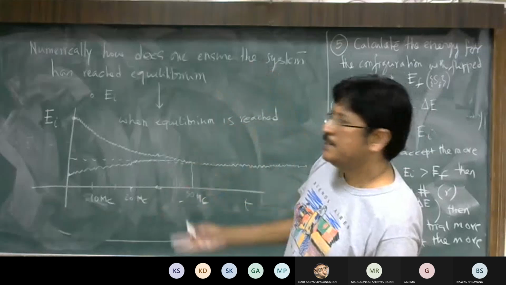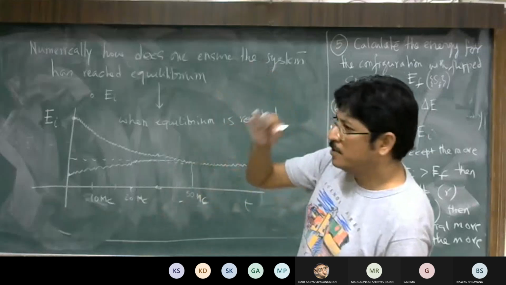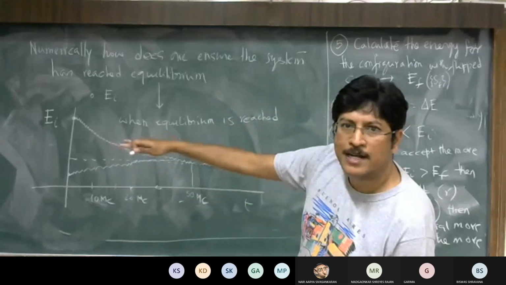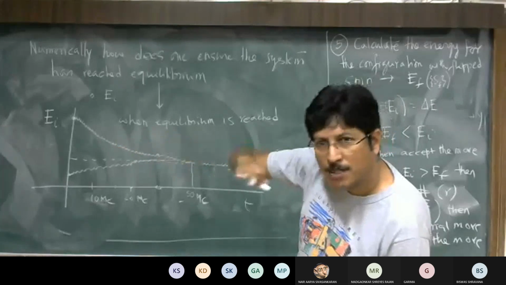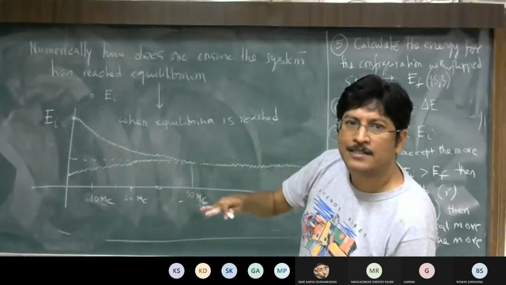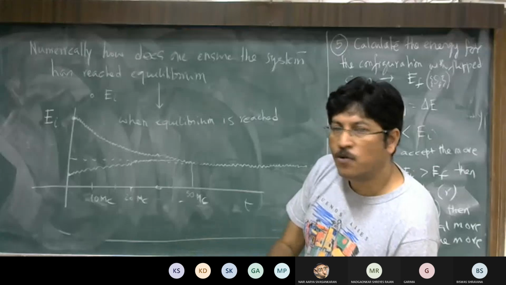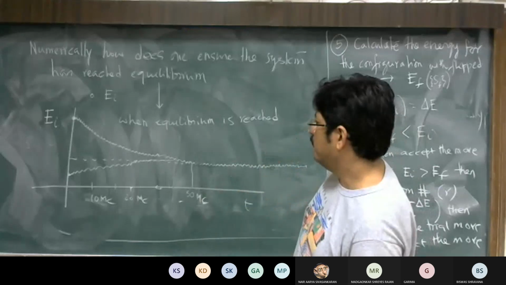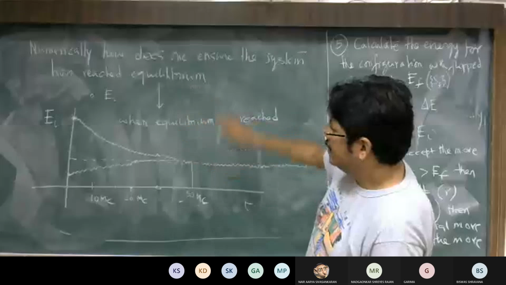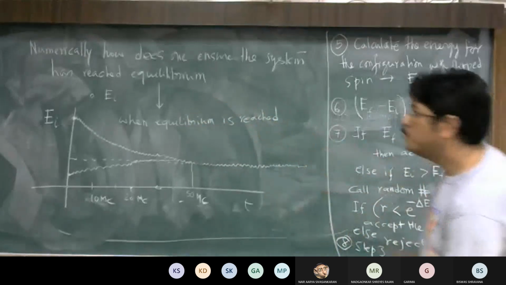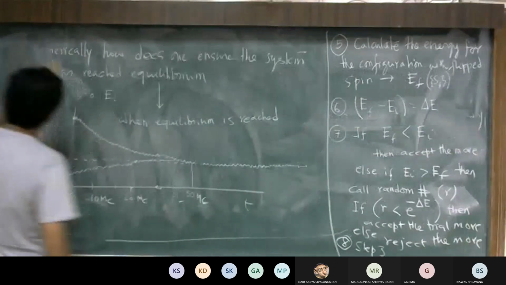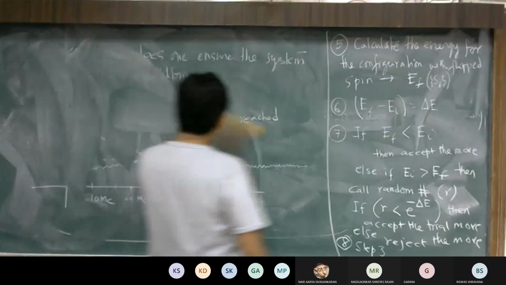The criterion is basically whenever you see that your energy settles to a constant flat value and fluctuates about a common average, that is the minimum number of steps that you need to wait before you start taking the sample. So this was how, operationally, you would go about equilibrating the Ising system.